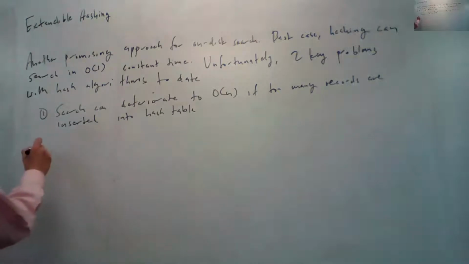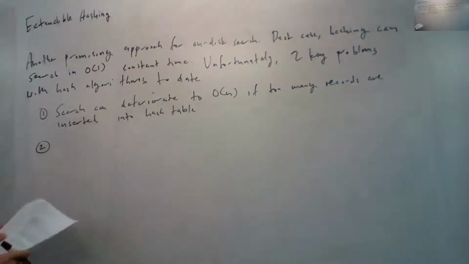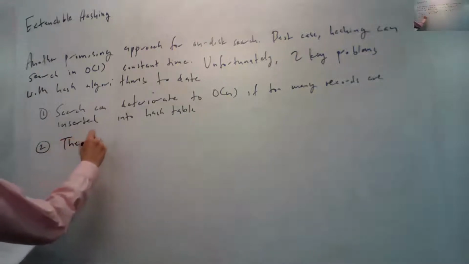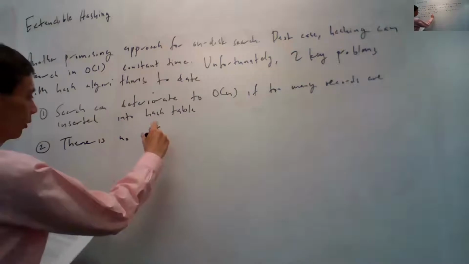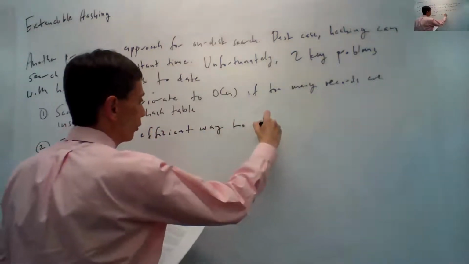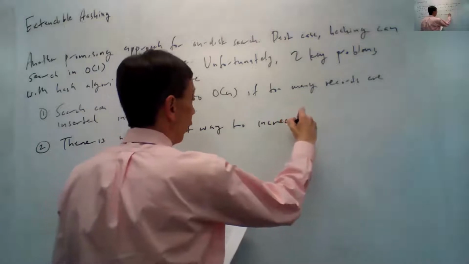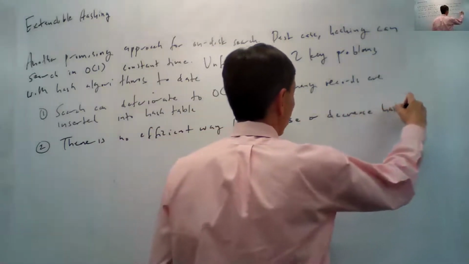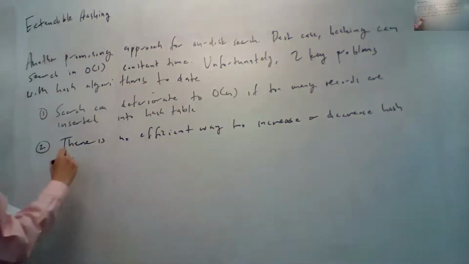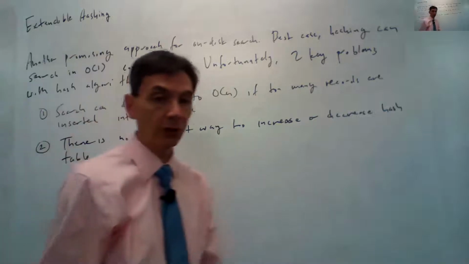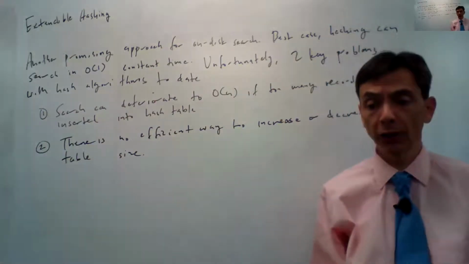Of course you would say, well, I'll just make the hash table bigger and then I can fix that problem. However, we immediately recognize that there is no efficient way to increase or decrease table size. That's because the hash function uses the hash table size inside it.